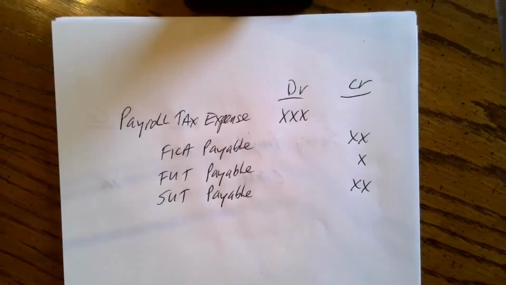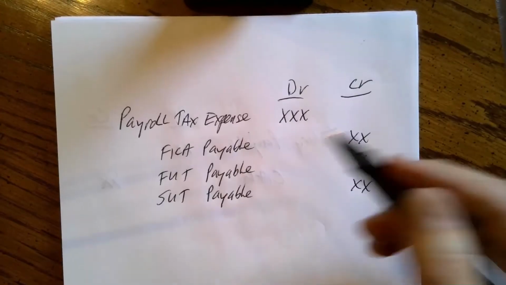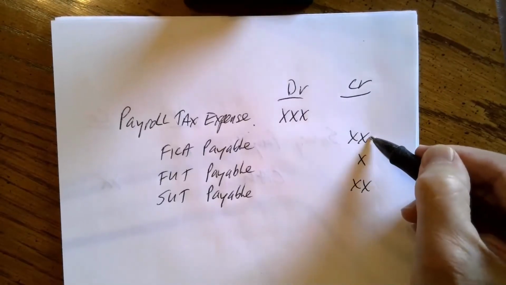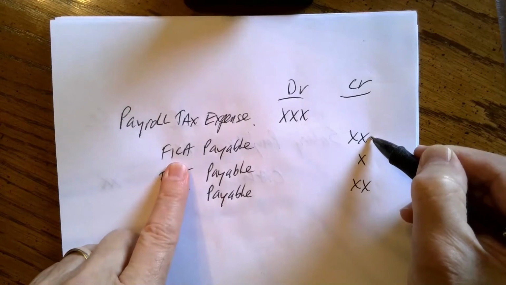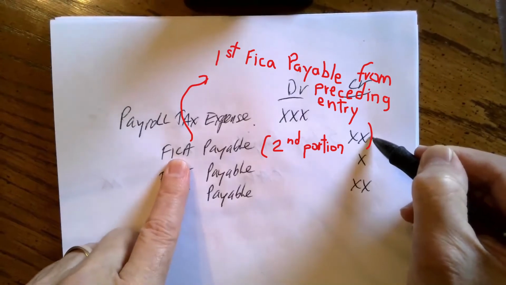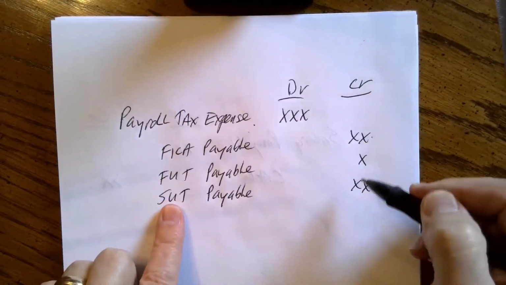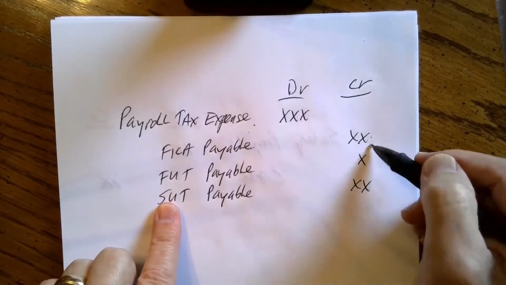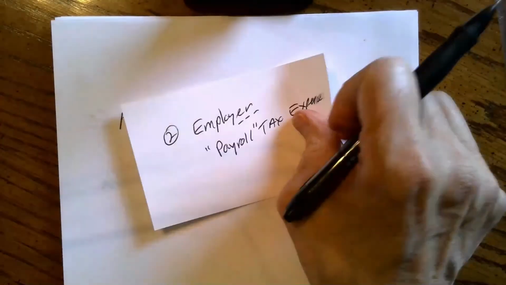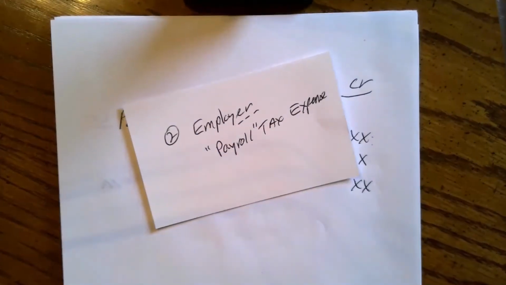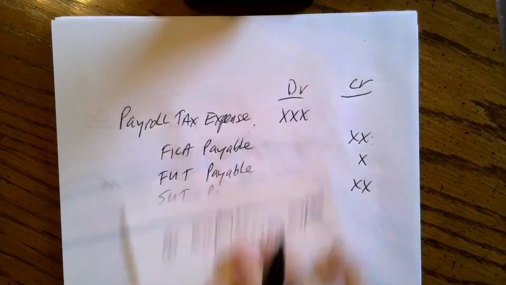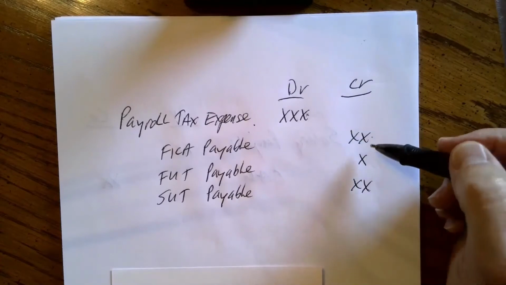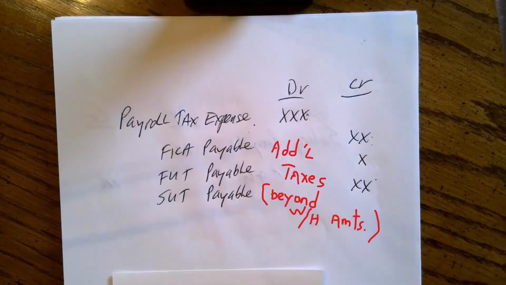Again, employer-related payroll taxes are expensed, and liabilities are set up for the matching portion of FICA owed to the government. They match that which was withheld from the employee, plus they pay federal and state unemployment taxes, and so they're accruing for them in the second entry, employer payroll tax expense. Expensing the taxes the employer will remit to federal or state agencies.